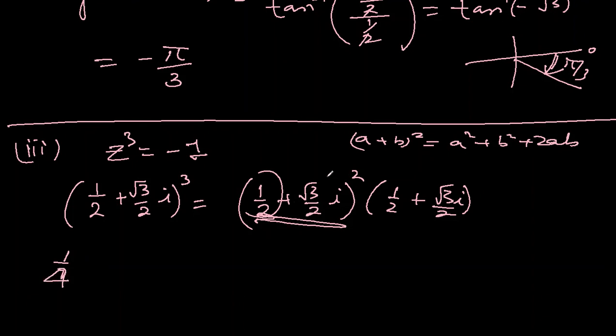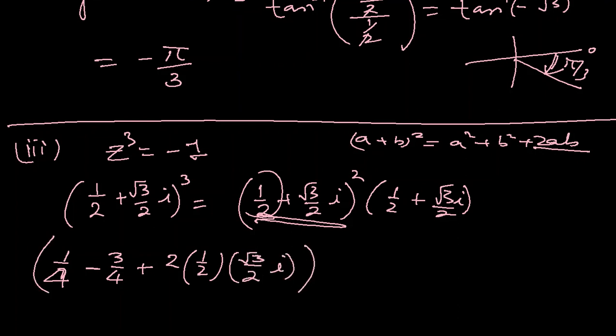The square of square root 3 over 2 i will be minus 3 over 4, since i squared also makes it negative, and then plus 2 times a times b, square root 3 over 2 i, and then we have half plus square root 3 over 2 i.